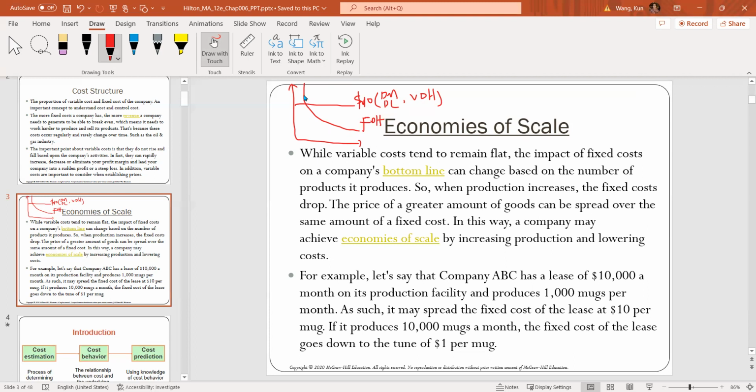For example, in the beginning, when I have a smaller volume, my fixed cost per unit is very high, maybe 11, because I can only produce a small volume of coffee cups. Then when I gradually increase my volume, the fixed expense per cup decreases, probably to 5 here.